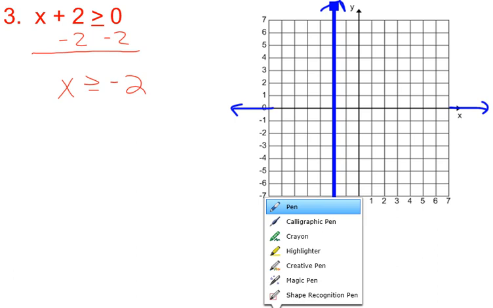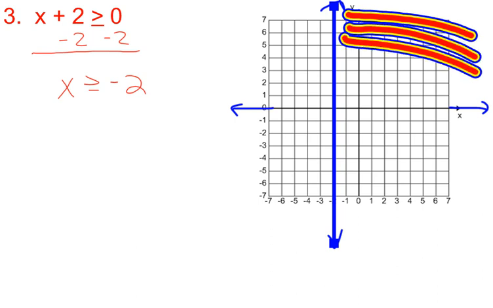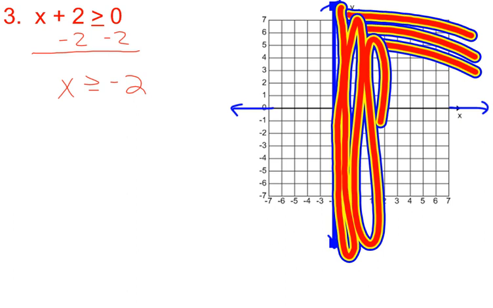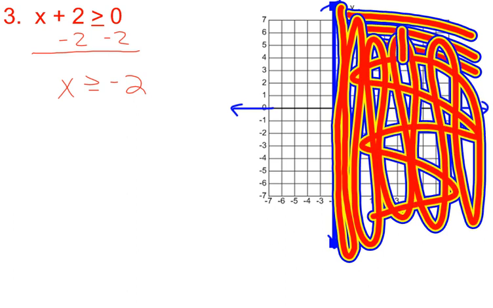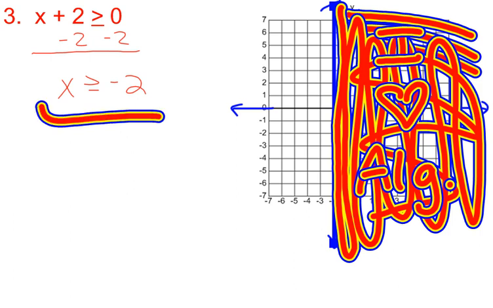So to do greater than or equal to, I would actually go to the right. So I'm going to say everything this way is shaded. There is your answer. So that shaded region is your answer.